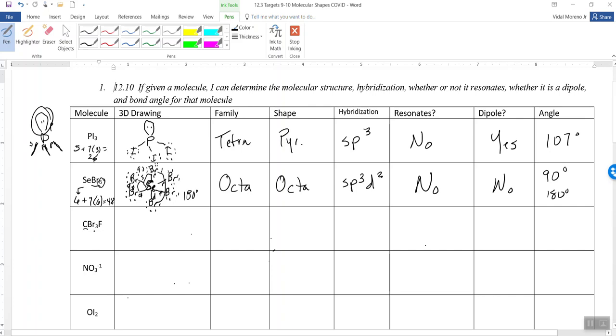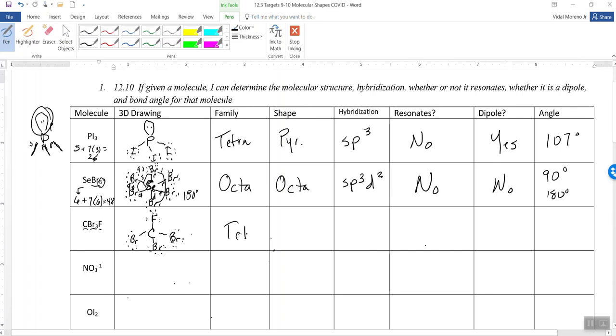Carbon normally bonds 4 times. It's going to be bonded 4 times. So this is a stereotypical tetrahedral, with a little wrinkle in that the carbon is not bonded to 4 of the same things.